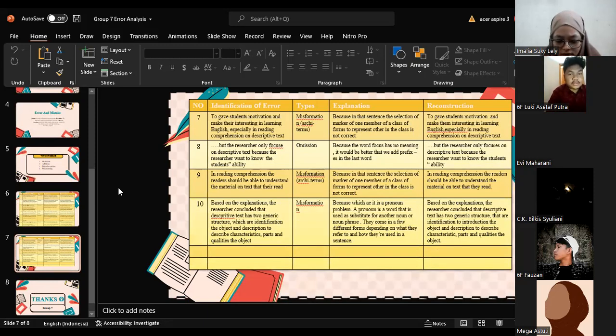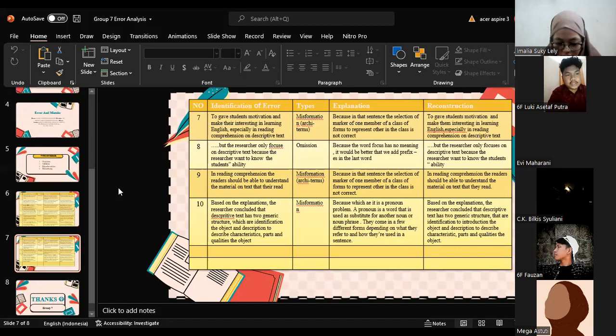Identification of error types. Number 7, to give students motivation and make their interesting in learning English, especially in reading comprehension on descriptive text. Type is misformation archetypes.